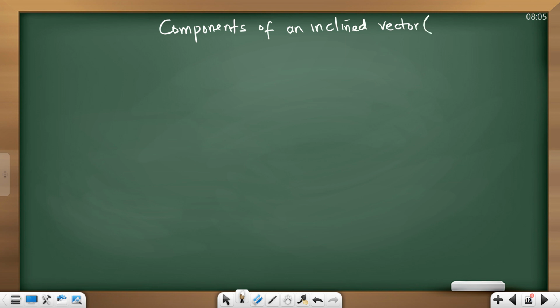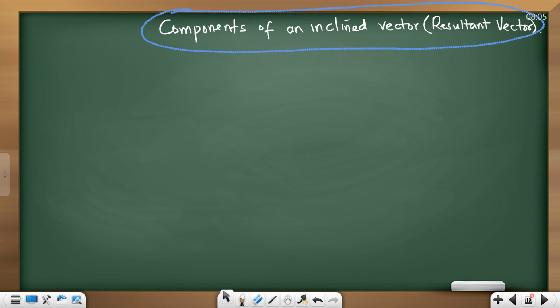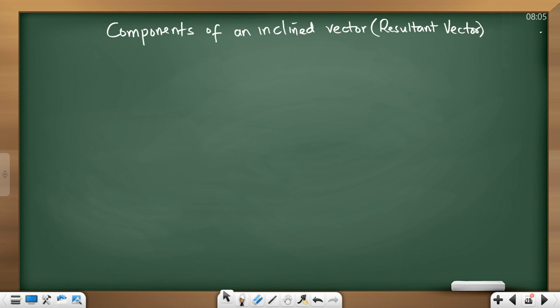When I mean an inclined vector, I'm actually meaning a resultant vector. When I say components, I am simply saying what makes up a resultant vector. Remember, a resultant vector is the sum of 2 or more vectors. Don't forget, resultant is made up of 2.